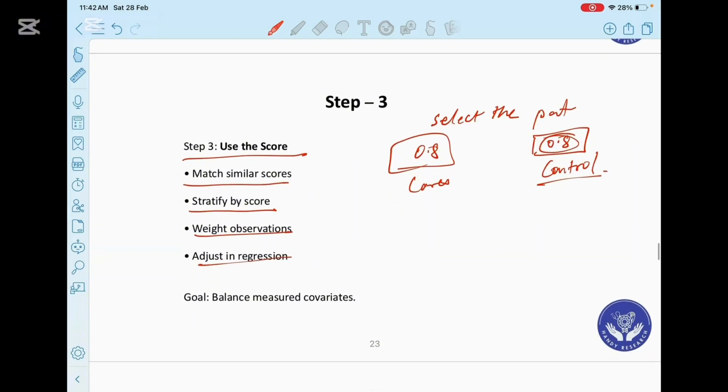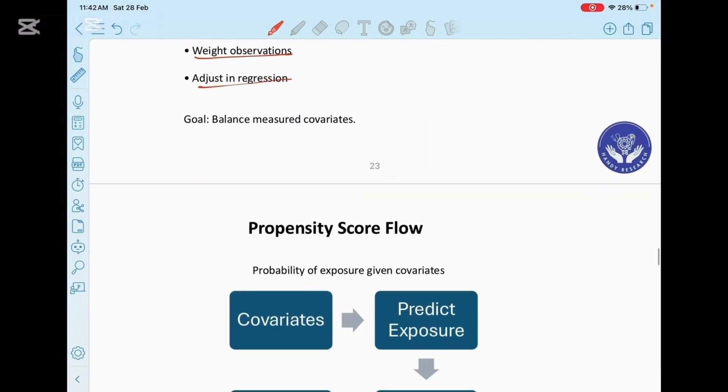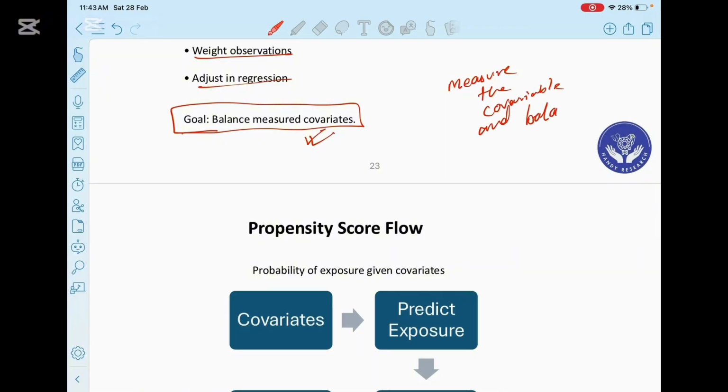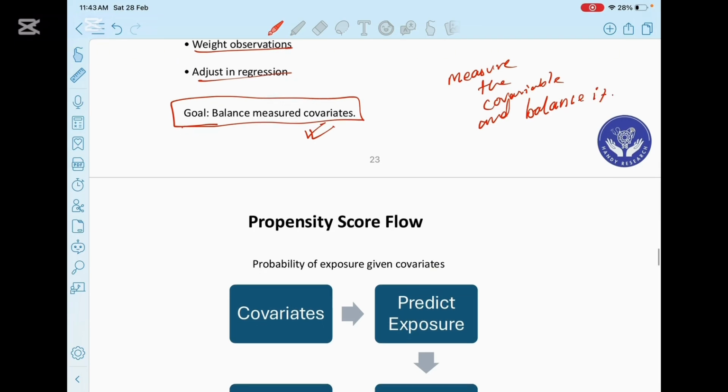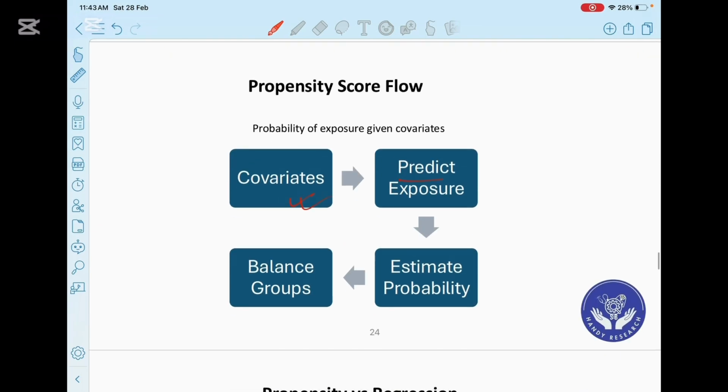That's how we minimize the distortion and adjust. So the goal is to balance the measured covariates. We measure the covariates and balance them. So first, covariates predict exposure, estimate probability, and then balance the groups. That's the logic behind propensity scores.